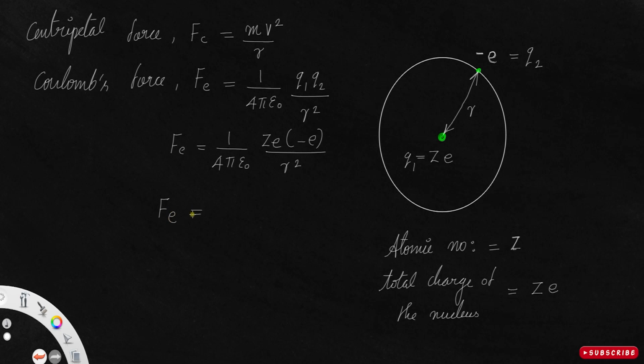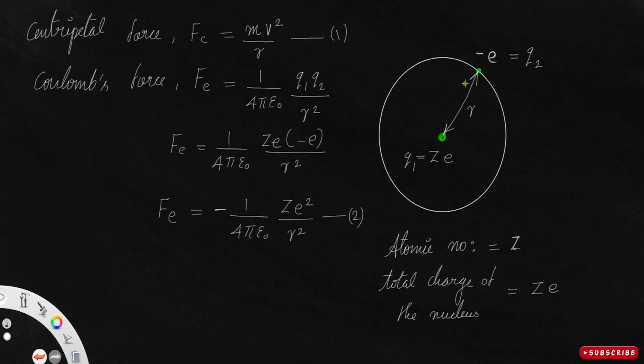Simplifying, we'll get F equal to, taking the minus to the left, 1 by 4 pi epsilon 0 Ze square divided by r square. Let's call this equation number 1 and this equation number 2.